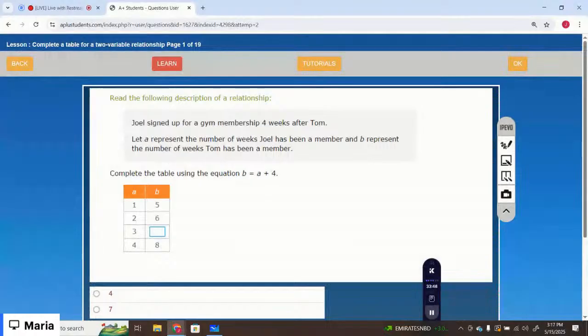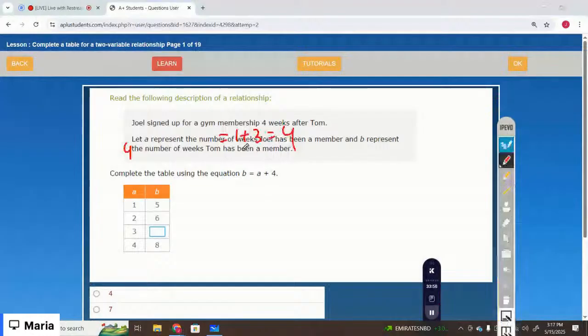Read the following description of the relationship. Complete a table using the equation B equals A plus 4. So B equals A plus 4. 1 plus 4 is 5. 2 plus 4 is 6. Then 3 plus 4 is 7.